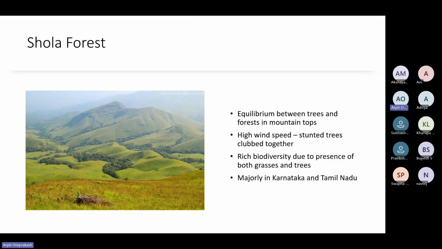Next, we have the Shola forest, which is found in the upper reaches of the Western Ghats. Mostly, these are found in Karnataka and Tamil Nadu. The mountaintop is generally covered with a mixed distribution of grasses and forests.